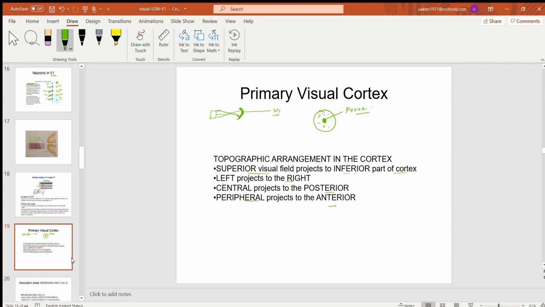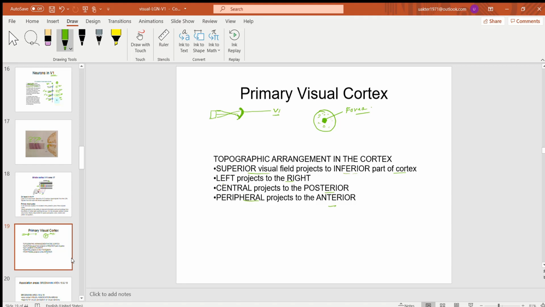Although the fovea is a very small area, the cones are present in extremely high density, right? So you have almost half of the photoreceptors in this small area and another half in this large area, right?